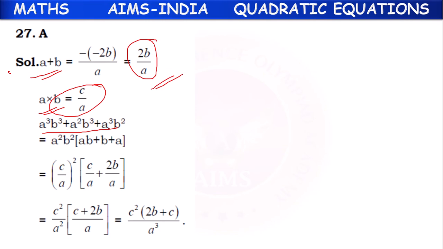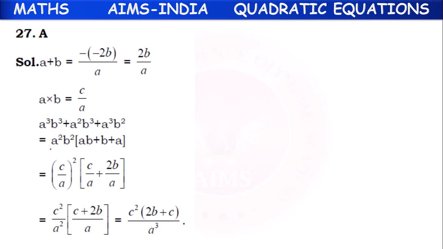Now we have to find this value, a cube b cube plus a square b cube plus a cube b square. From the three of them, if you take a square b square common, here one a will remain, one b will remain. So it is ab. Here only one b will remain. Here only one a will remain.